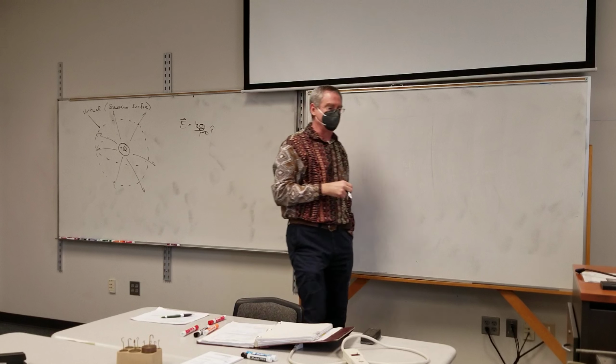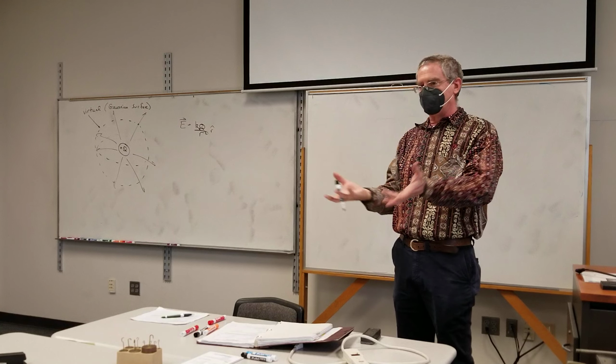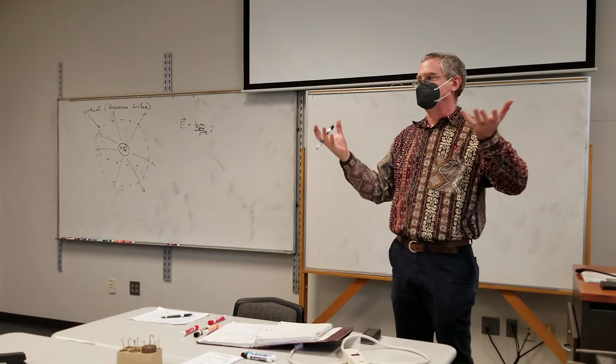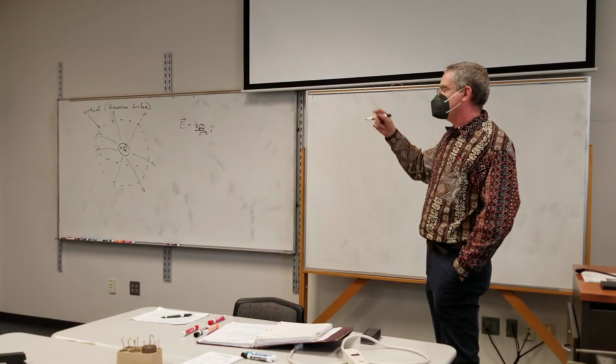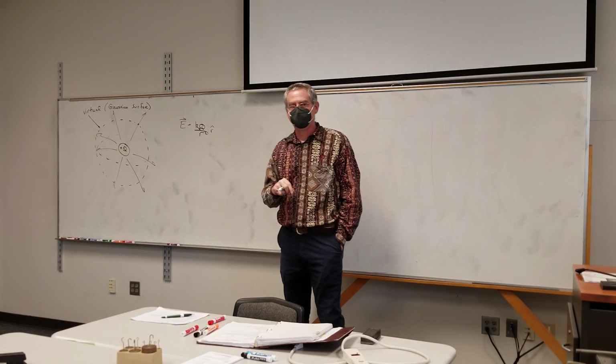A Gaussian surface is any sort of three-dimensional imaginary object that we use to surround a certain segment of space. We just happen to have a charge inside this one, and I'm putting the charge smack dab in the middle.